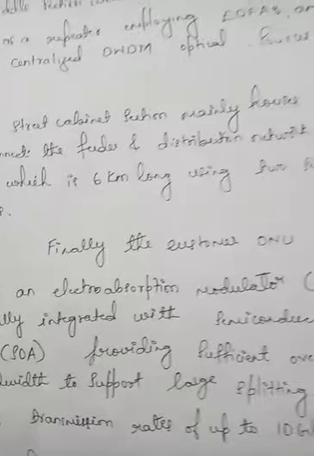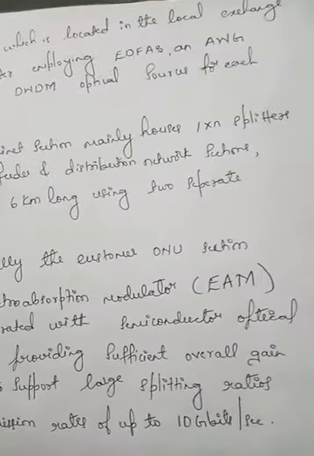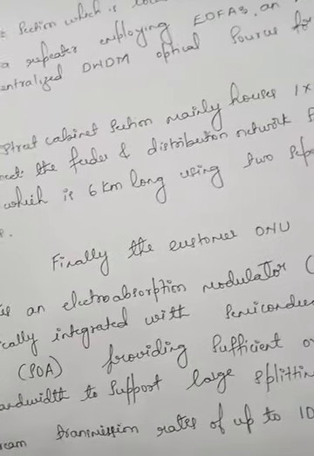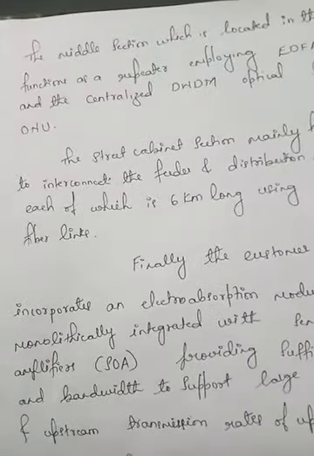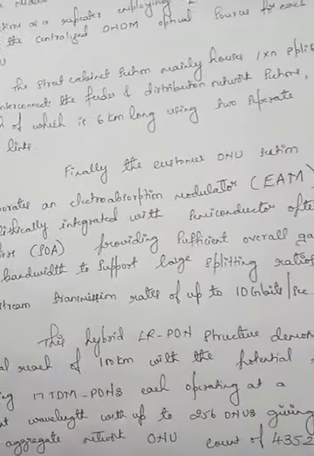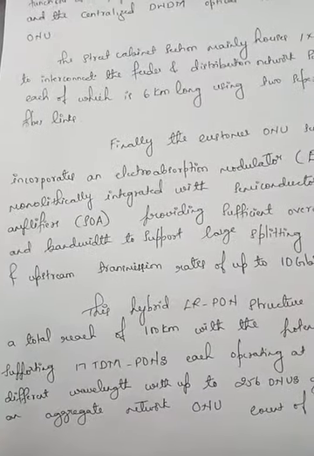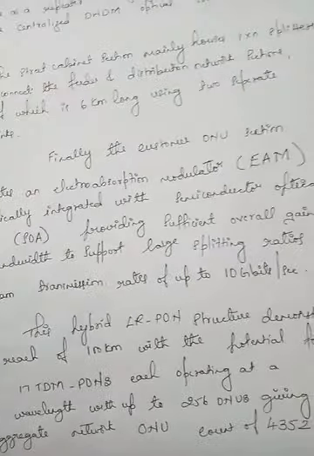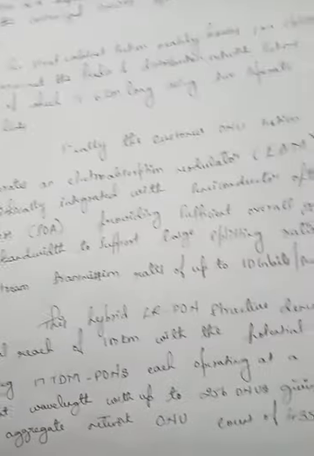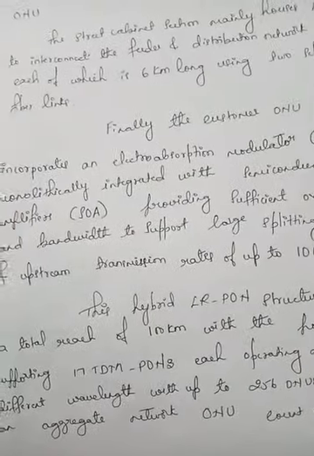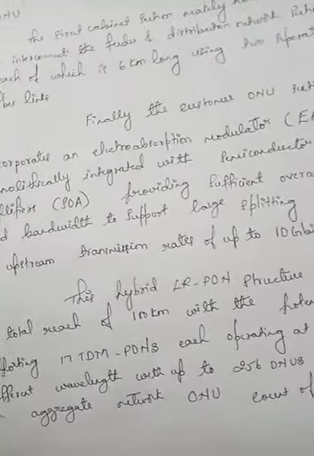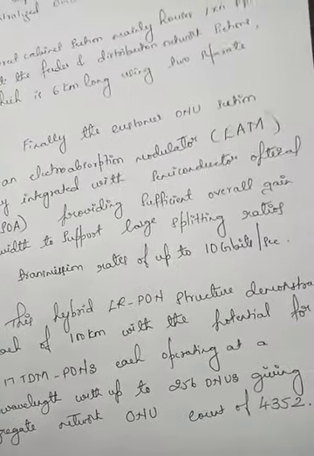The street cabinet section mainly houses 1 cross N splitters to interconnect the feeder and distribution network sections, each of which is 6 km long using 2 separate fiber links. Finally, the customer ONU section incorporates an EAM, that's the electro-absorption modulator, monolithically integrated with a semiconductor optical amplifier, SOA, providing sufficient overall gain and bandwidth to support a large splitting ratio and an upstream transmission rate of up to 10 gigabits per second.